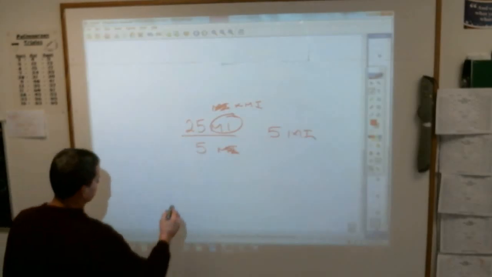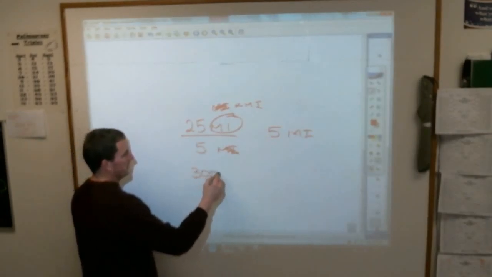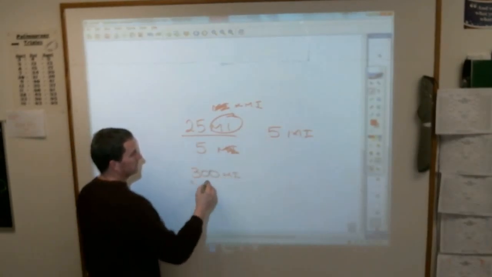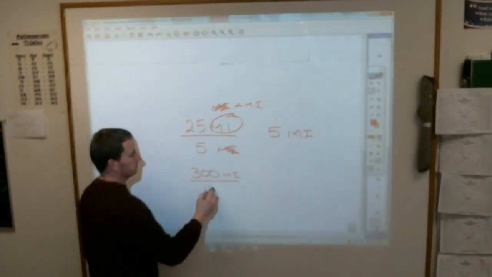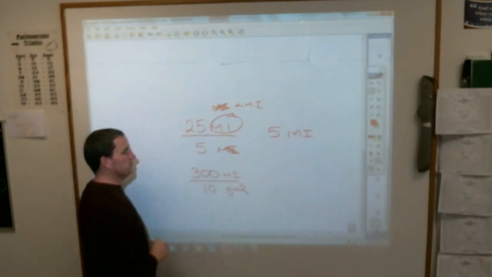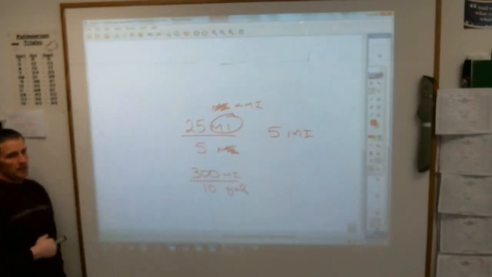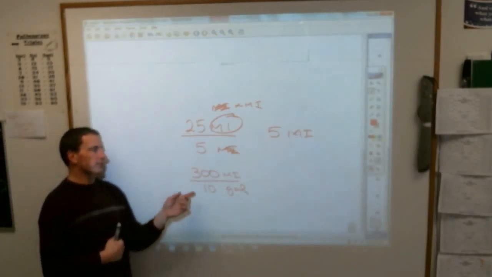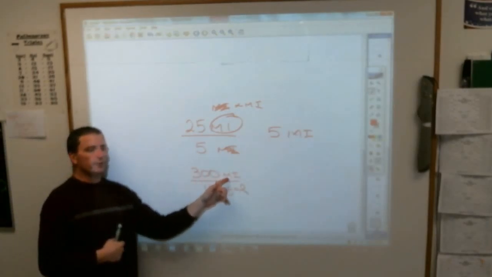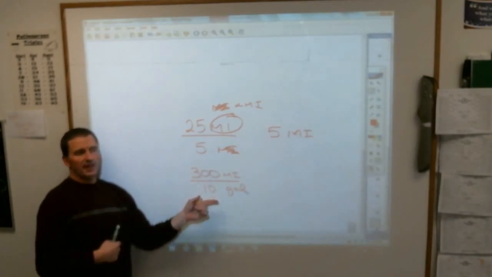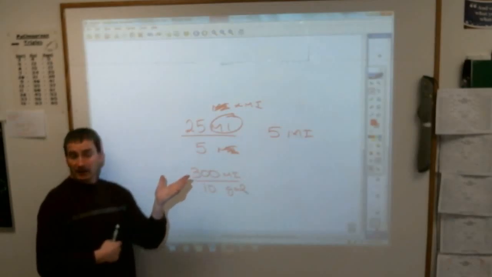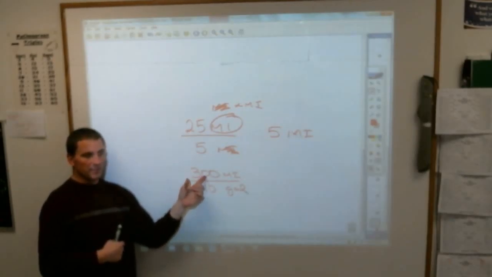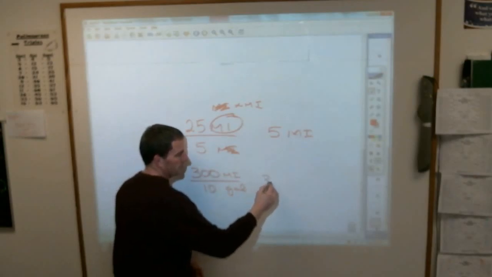Here's a good one, and maybe this will make some sense to you. If you have 300 miles over 10 gallons, and you're asked to make that simpler, and by the way, this would be a real problem from the real world. If you drove 300 miles and used 10 gallons of gas, if you were trying to figure out your mileage, how many times does 10 go into 300? 30.